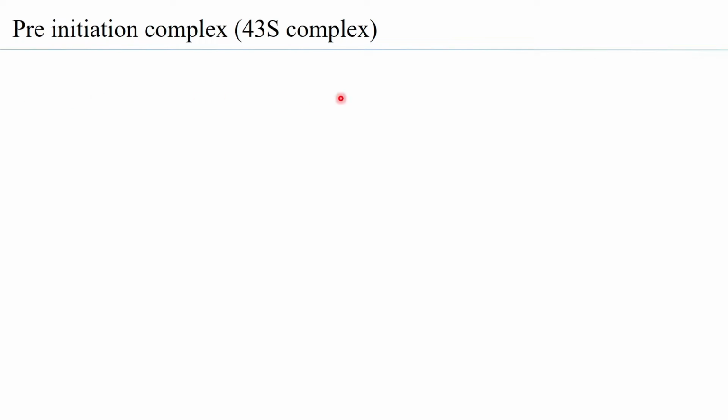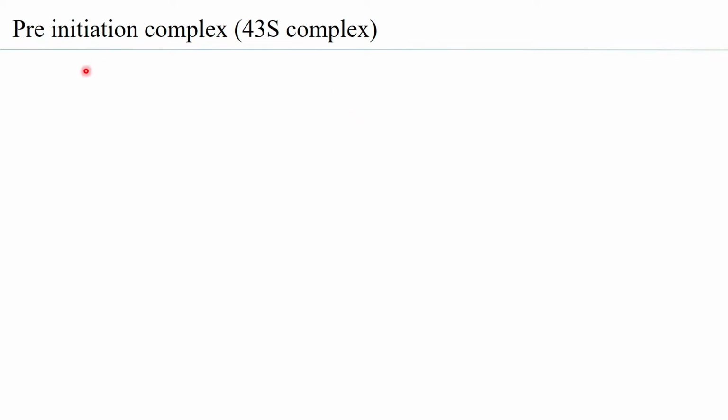Let us first begin with what we understand by pre-initiation complex, which is also termed the 43S complex. Interestingly, the pre-initiation complex moves from 43S to 48S, after which only you have the initiation complex being formed.